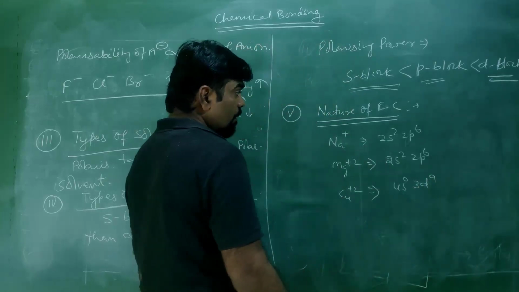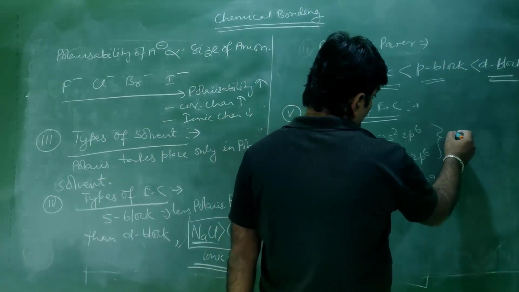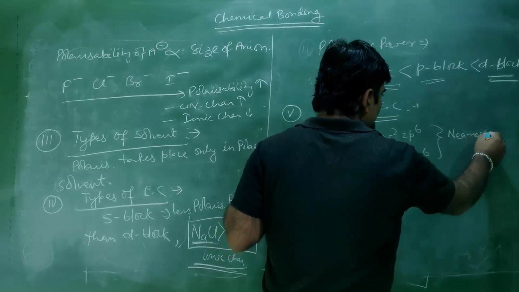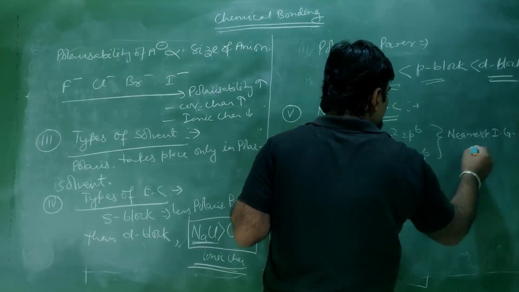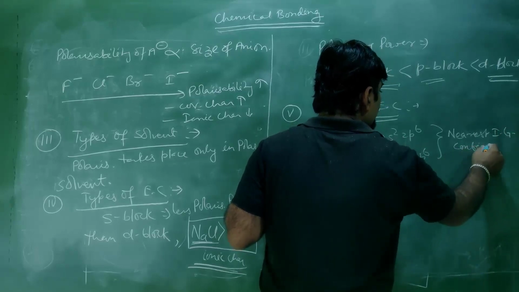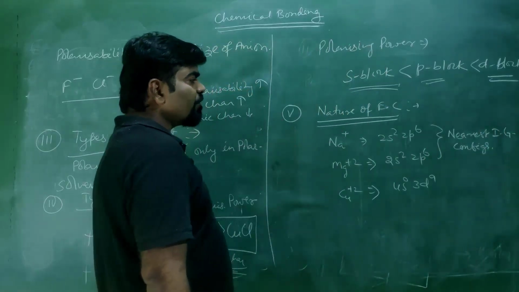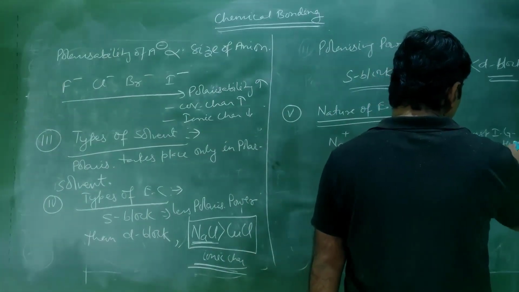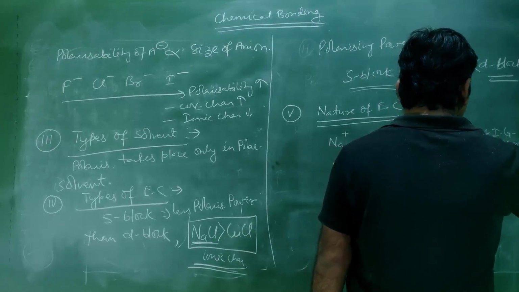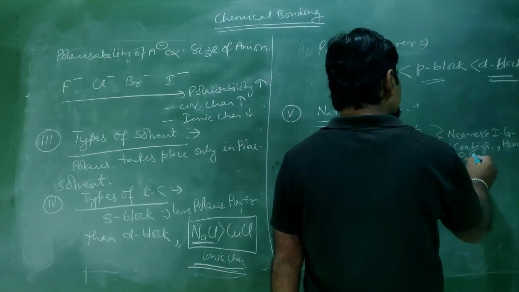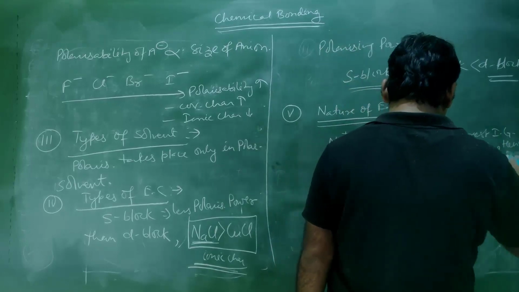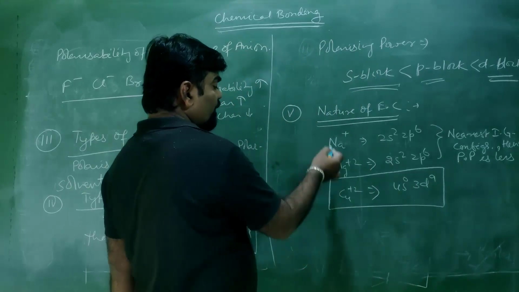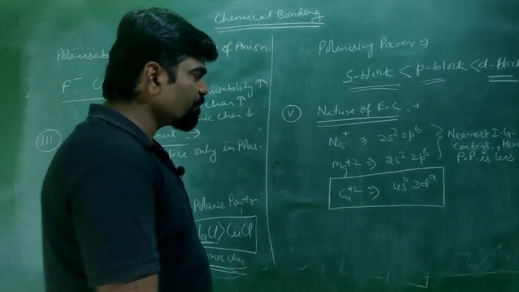So these two acquire the nearest inert gas configuration, hence their polarizing power is less. But Cu2+ does not acquire the configuration of inert gas, so its polarizing power is more.